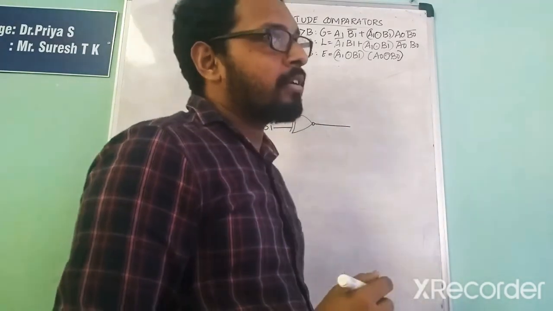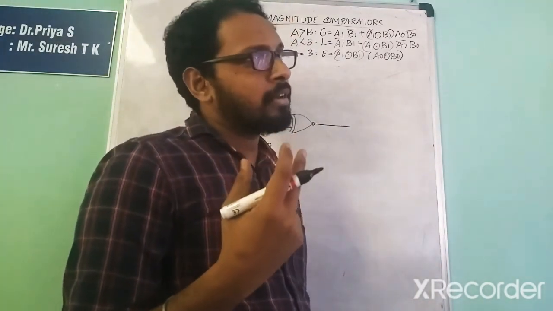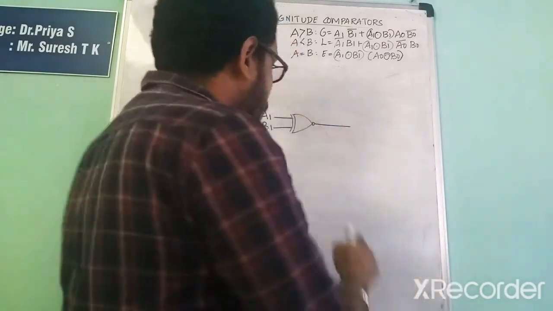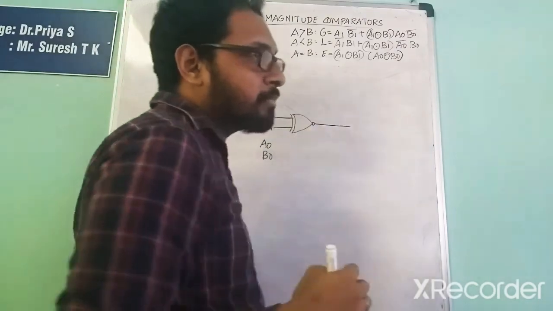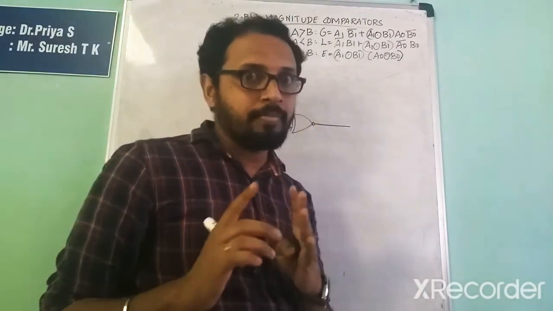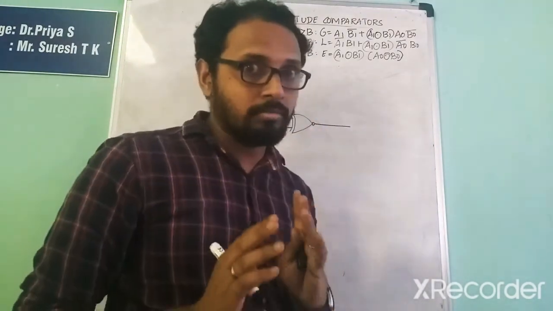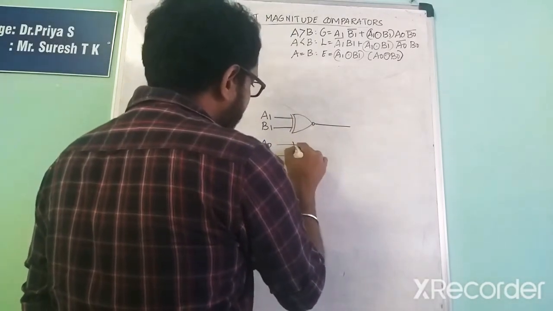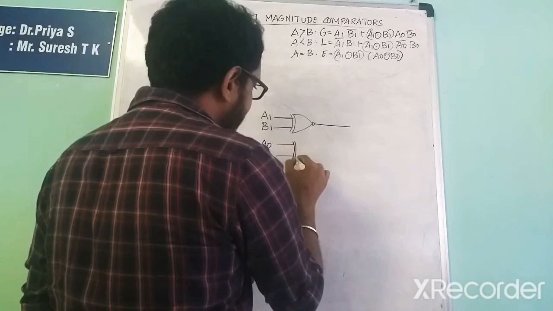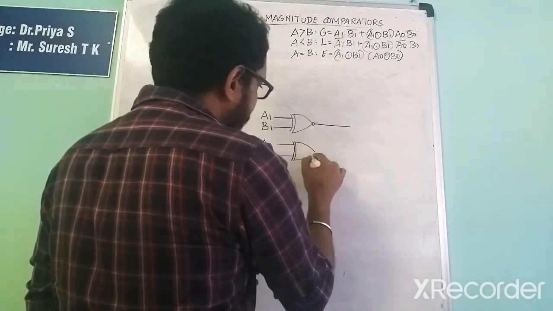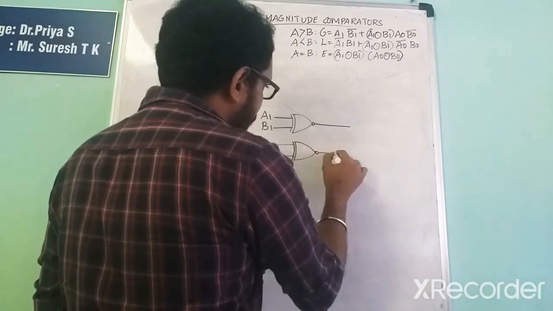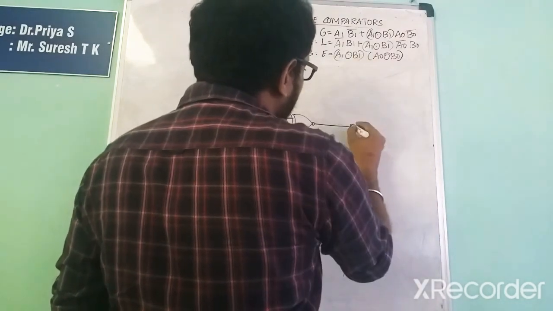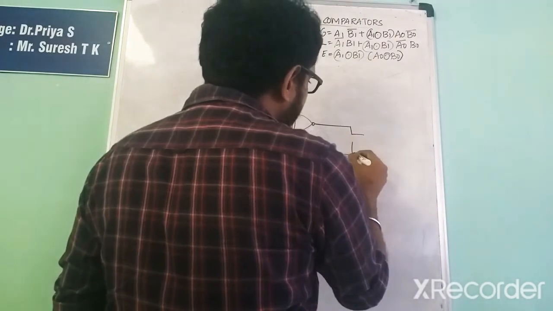Sorry guys, if I'm not sure about it. If I have not drawn the bubble mark, please make sure that there is a bubble mark, okay? That's XNOR, not XOR. Now we have an AND operation.